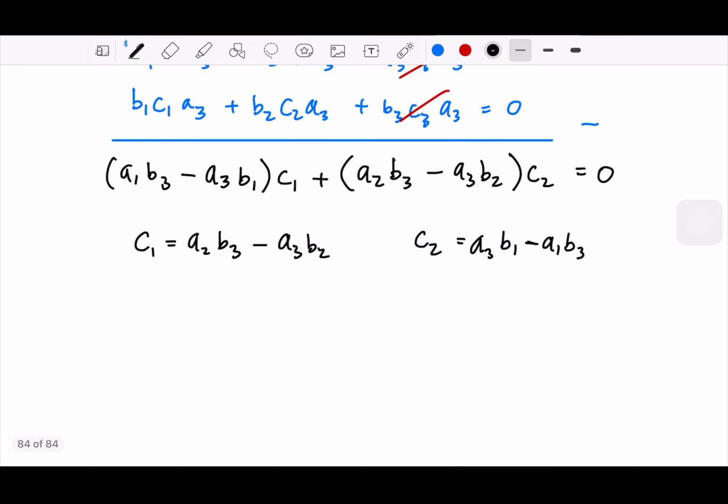And then substitute into equations 1 and 2. We get C3 is equal to A1 B2 minus A2 B1.